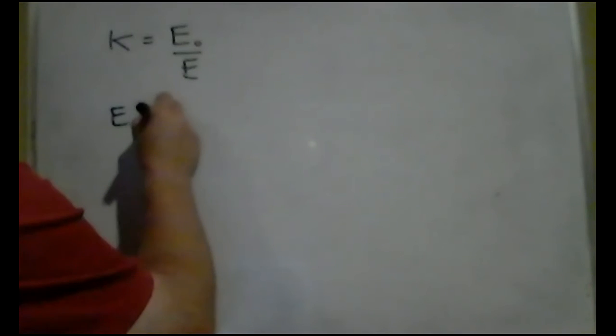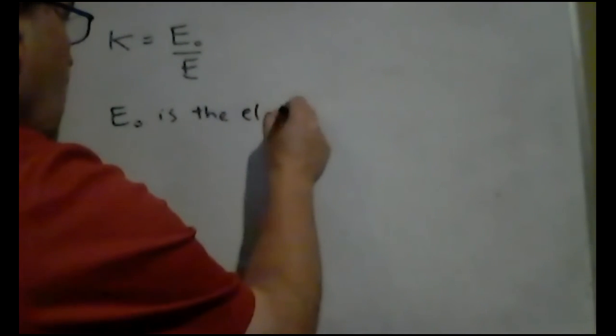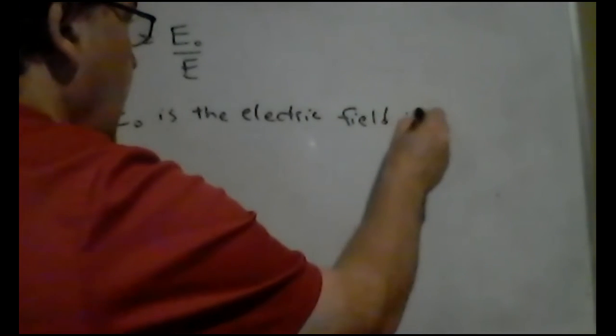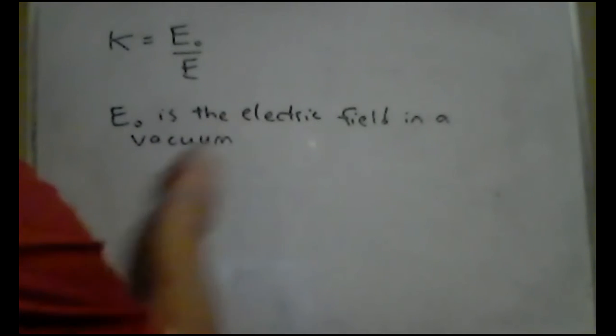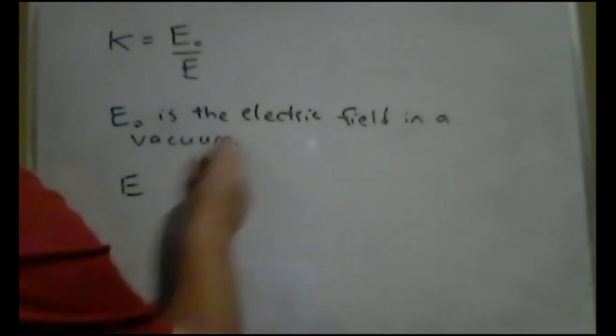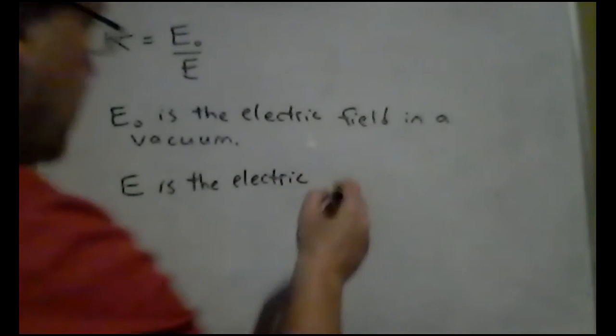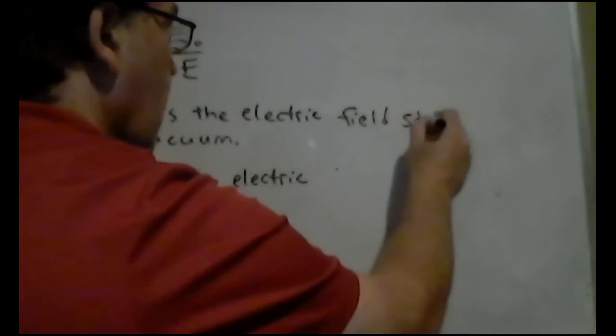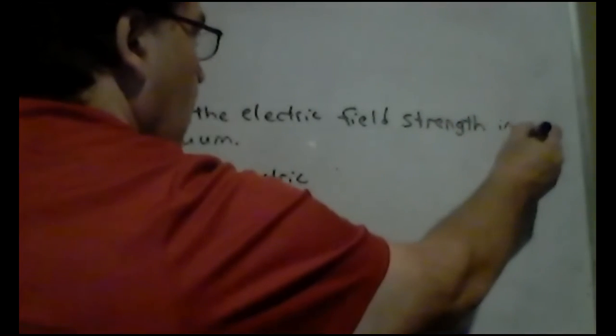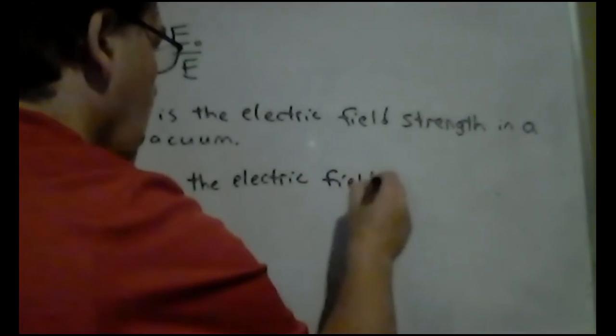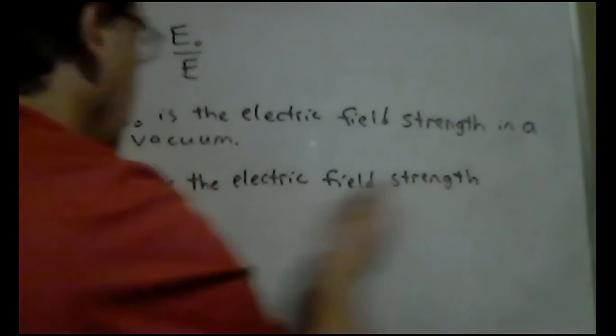Kappa is officially E naught over E, where E naught is the electric field in a vacuum, and E is the electric field strength in the dielectric.